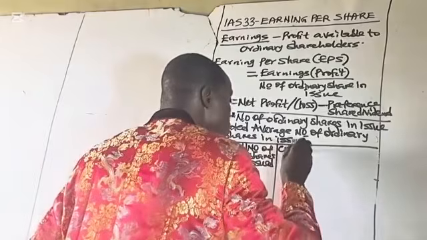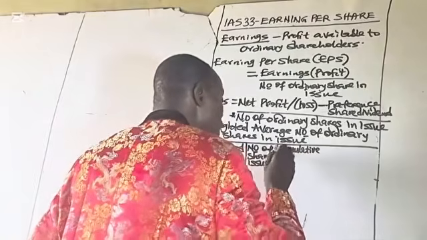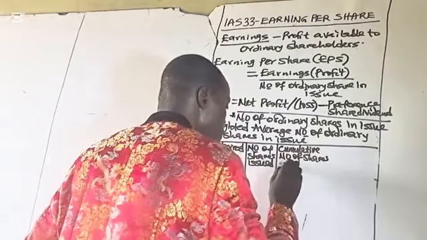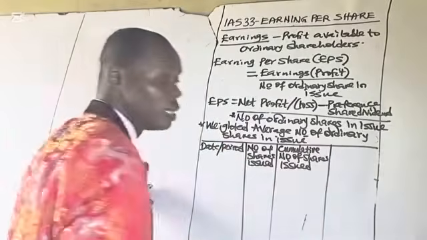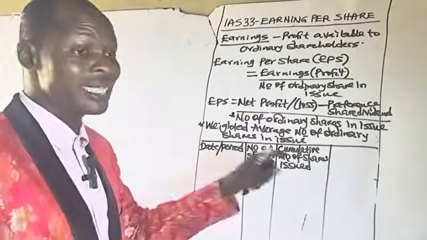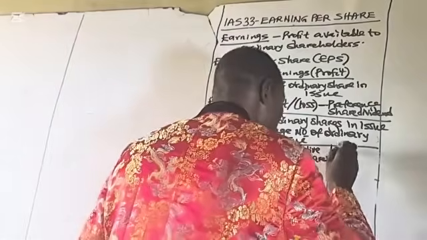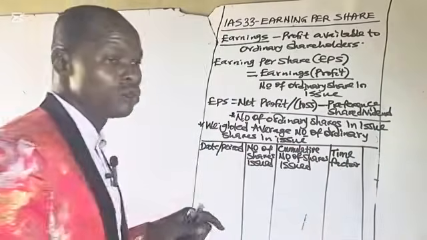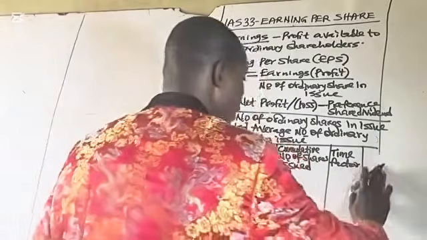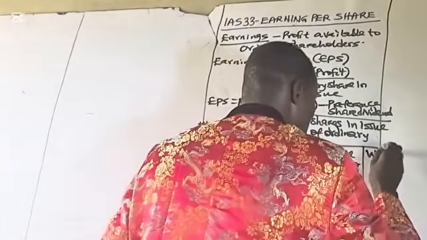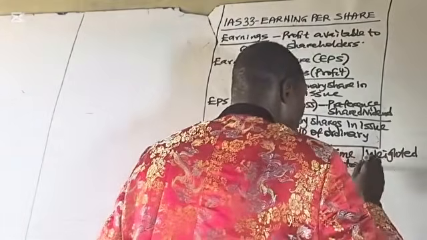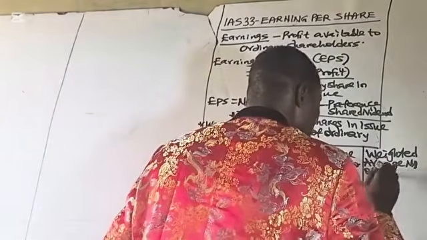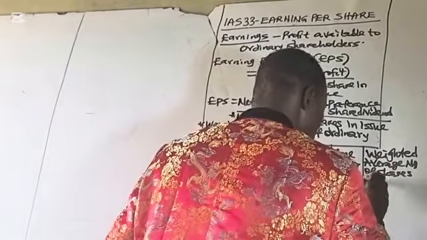Then you multiply this by time factor. So the result obtained will be the weighted average number of shares issued.